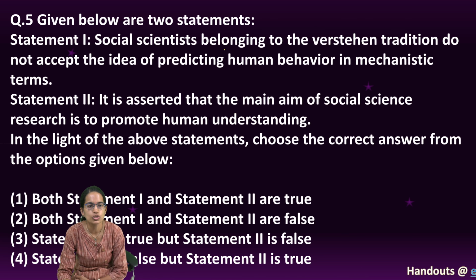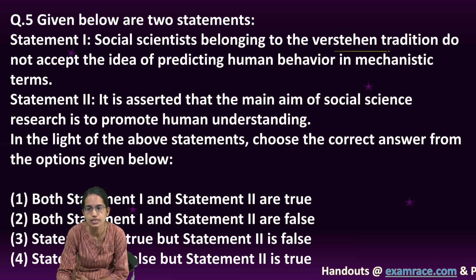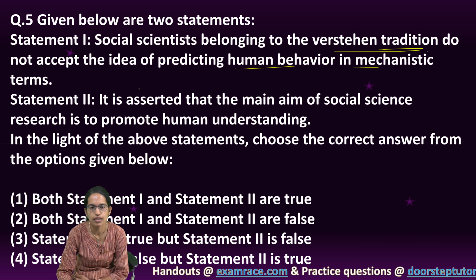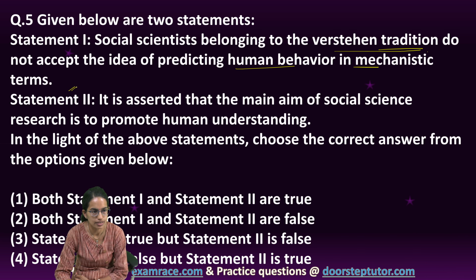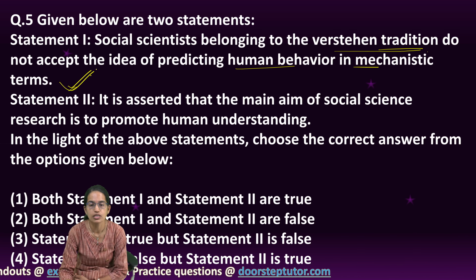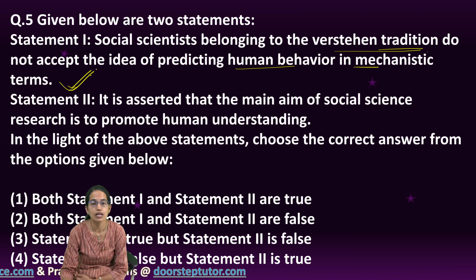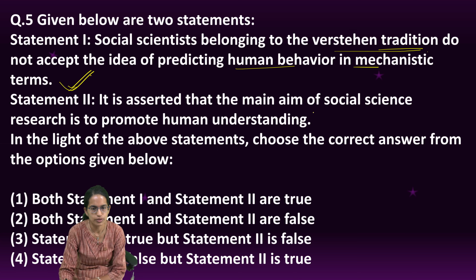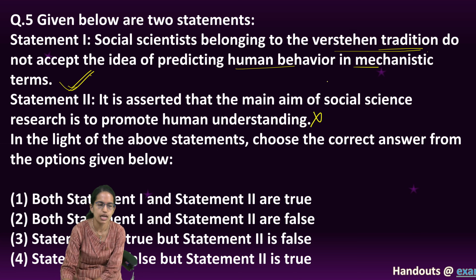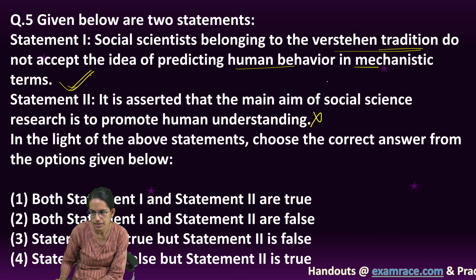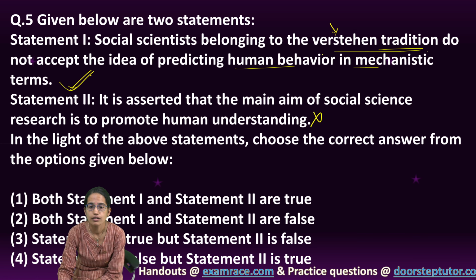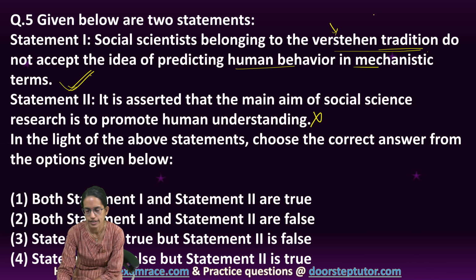The next is, social scientists belong to the verstehen tradition do not accept the idea of predicting human behavior in a mechanistic term. That's very true, because they don't consider that human behavior is mechanical. It is asserted that the main aim of the social science is to promote human understanding. So under the verstehen tradition, we focus on two types of understanding.